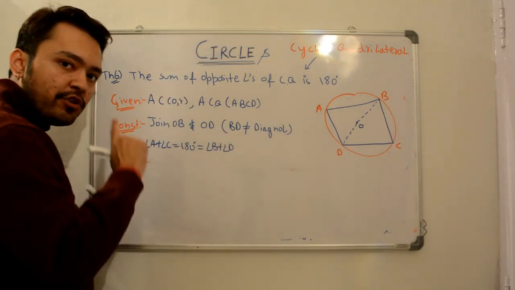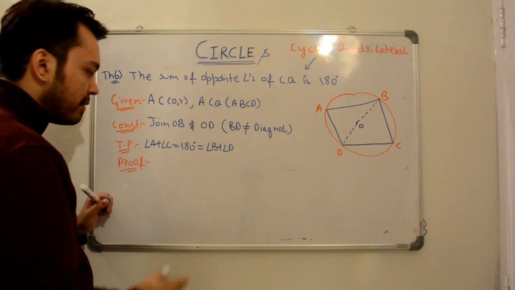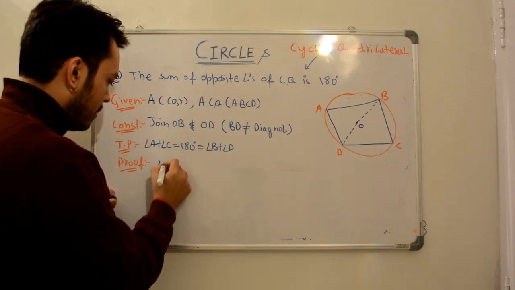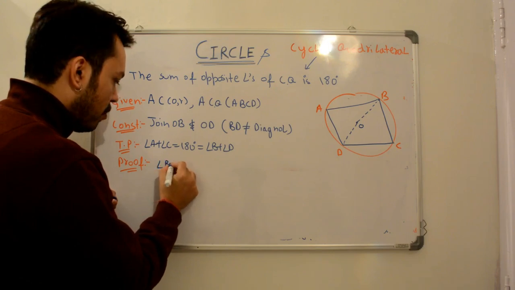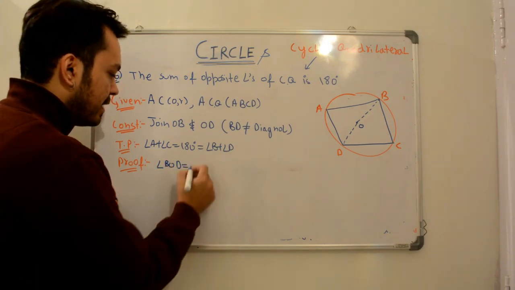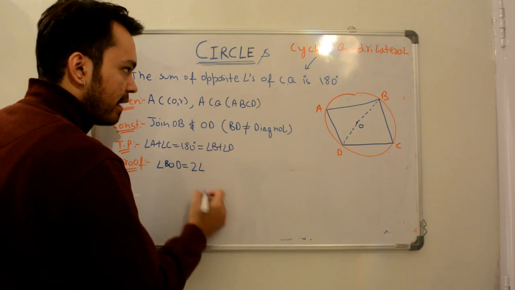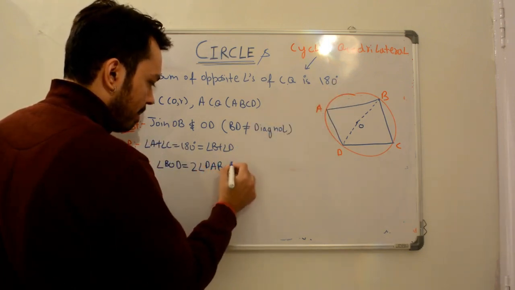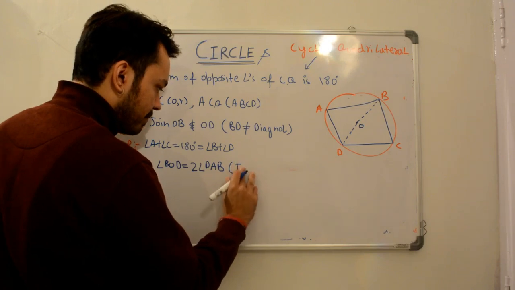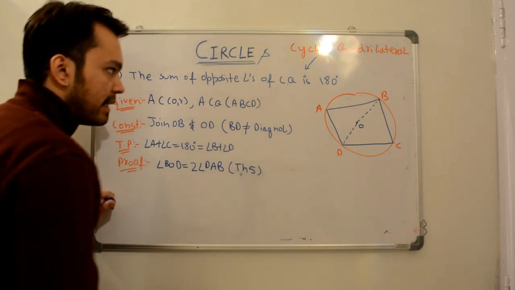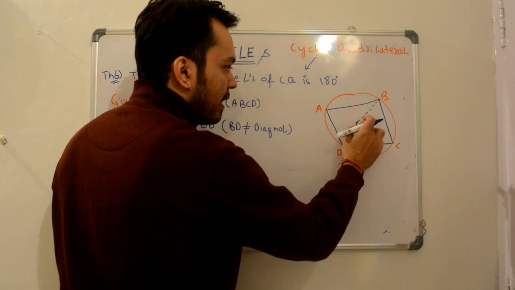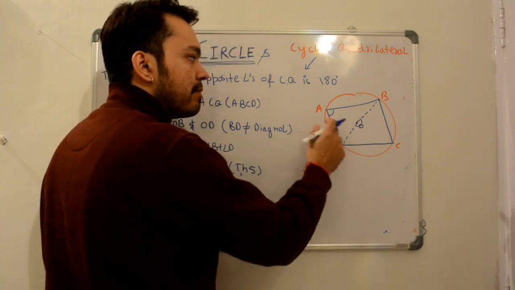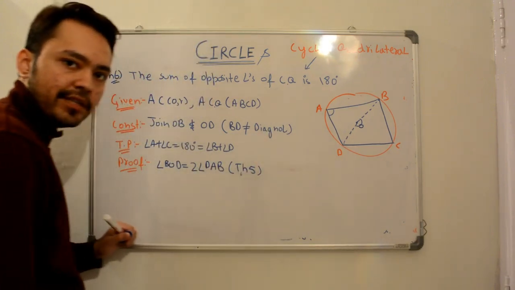So by a previous theorem number 5, I will be writing that angle BOD, right, is equal to twice of angle DAB, right? Theorem number 5, that the angle subtended by an arc at the center of the circle is double the angle subtended by it at the remaining part of the circle.